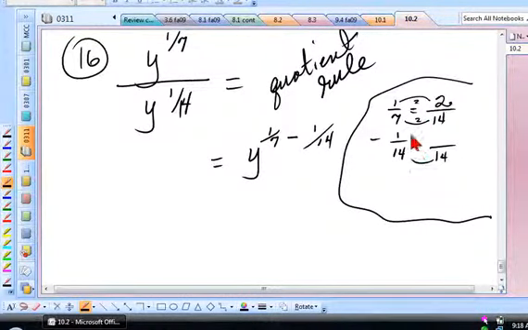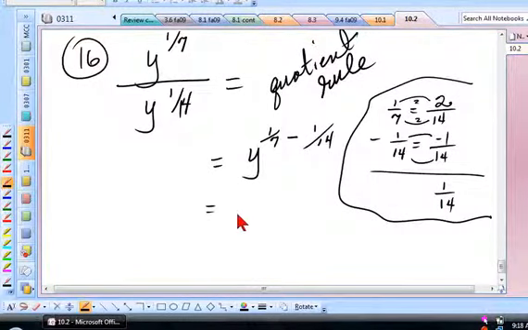No change here. I put the negative with the numerator. What's 2/14 minus 1/14? 1/14. So this is y to the 1/14 power. And write it with positive exponents, so I'm done.